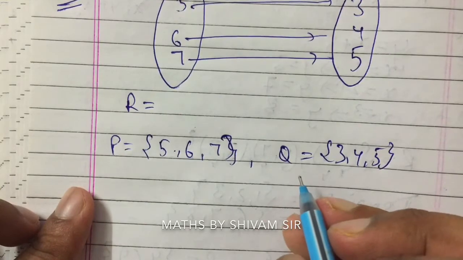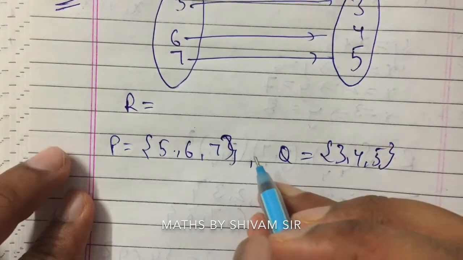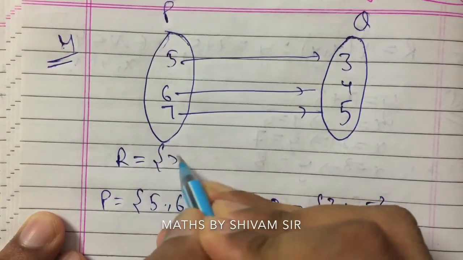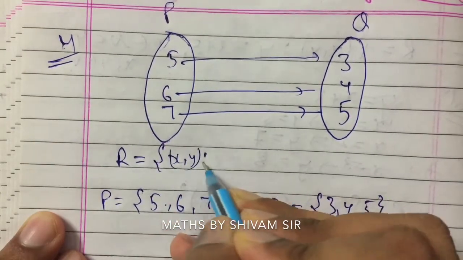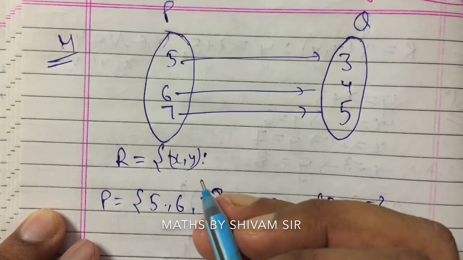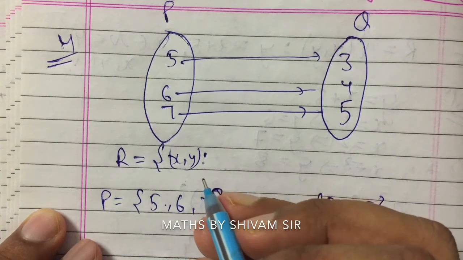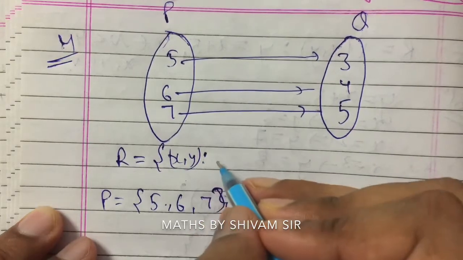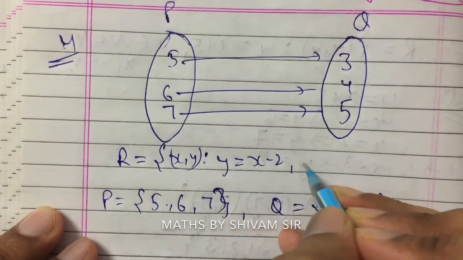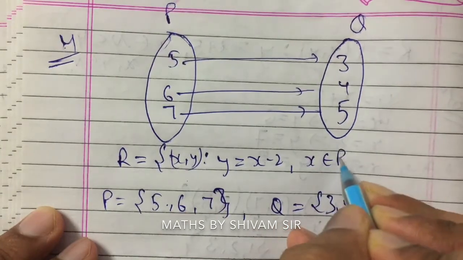So as we can see, the relationship in set builder form can be written as R is equal to {(x, y) such that y is equal to x minus 2 for all x belongs to P}.